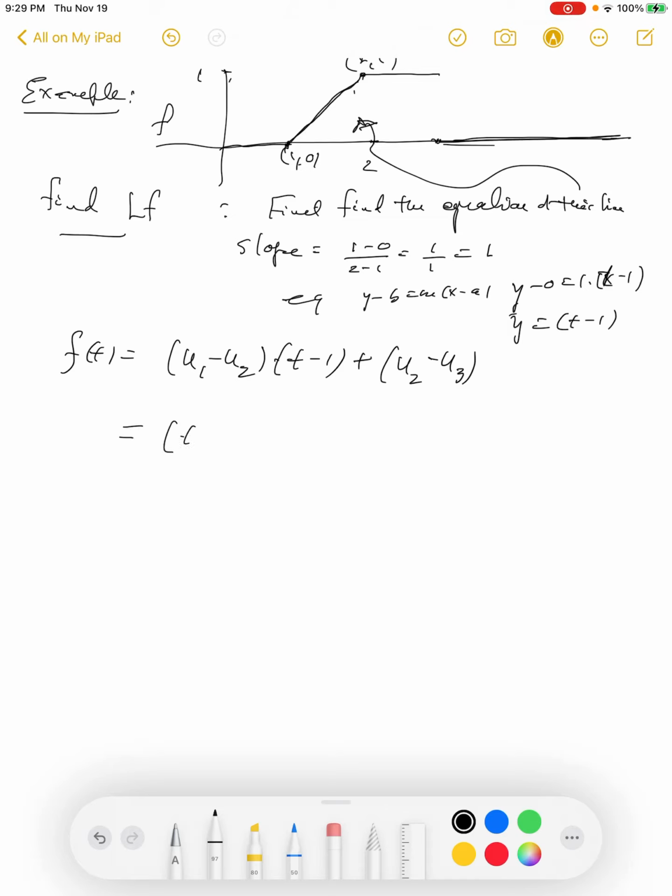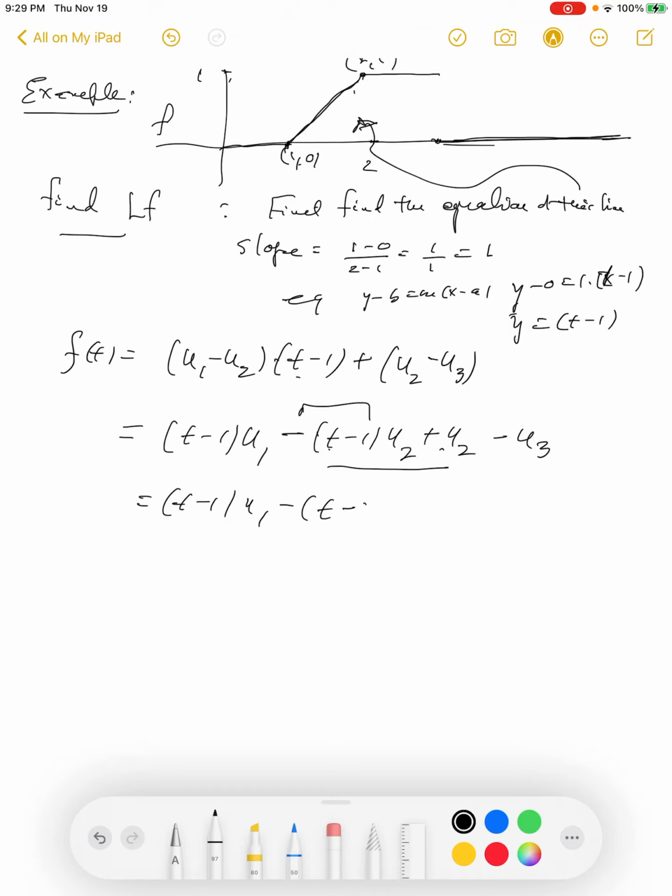I will collect t minus 1. I will write this in terms of u1, u2, u3. So (t minus 1)u1 minus (t minus 1)u2 plus u2 minus u3. So this is (t minus 1)u1. This sum will give you what? You have t minus t. Then you have plus 1 and 1, so plus 2. So this will give you (t minus 2)u2 minus u3. Am I right?